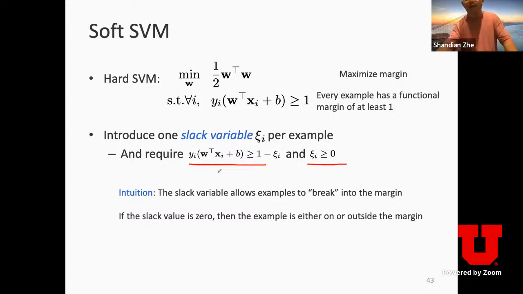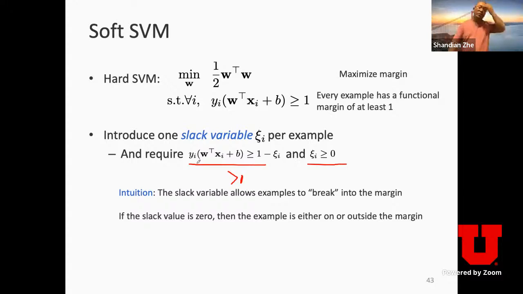But if xi after our learning procedure turns out to be non-zero, absolutely positive, say 0.5, that means your xi, yi could break into the margin, could intrude the margin.